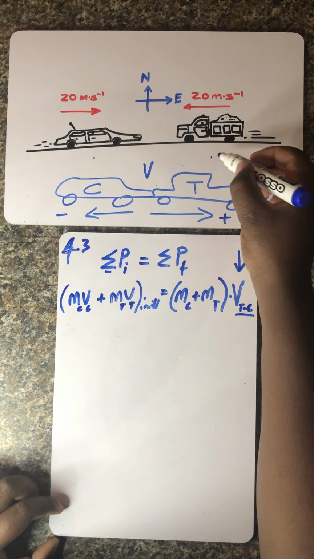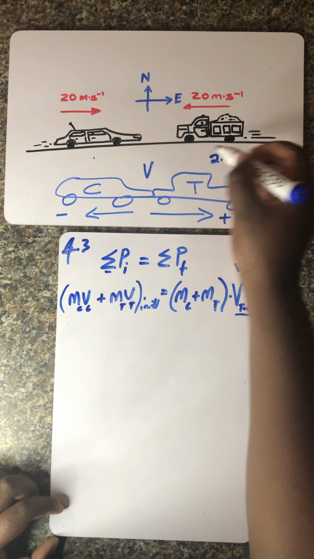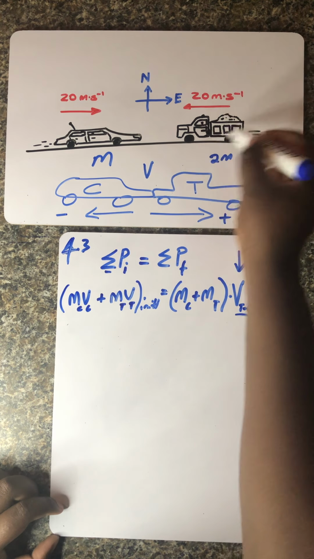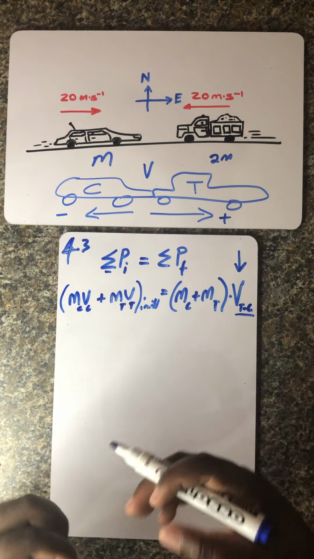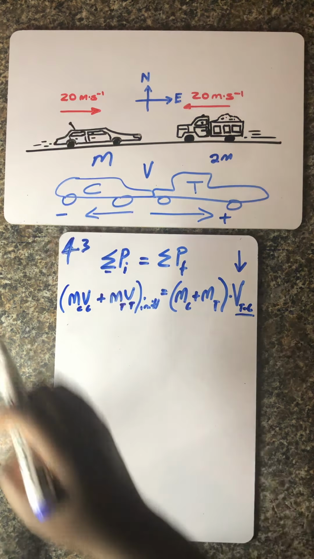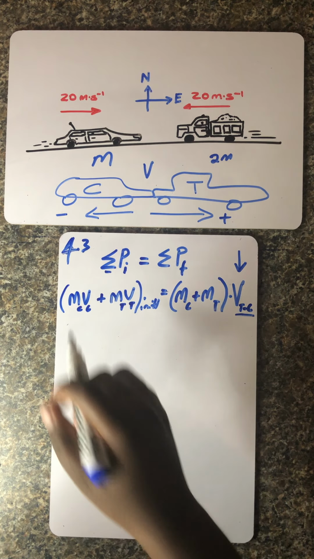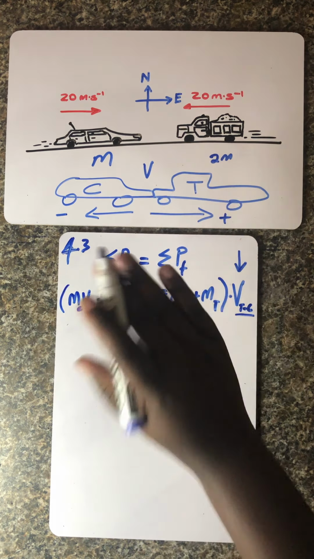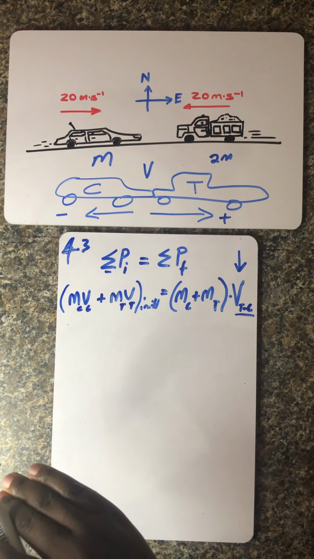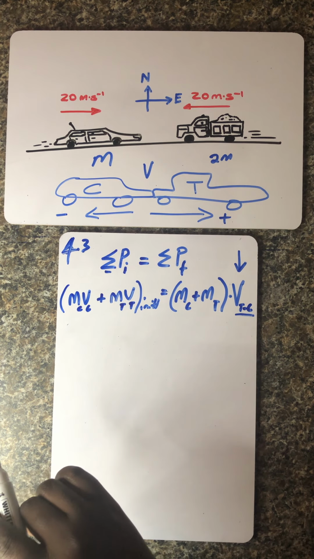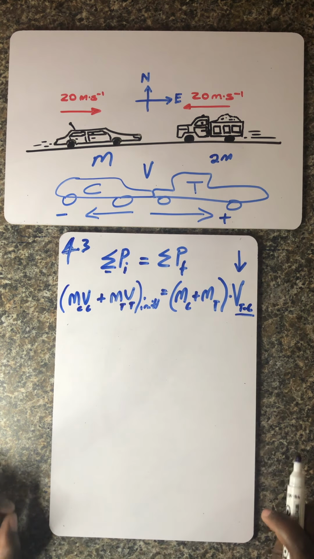Why? Because this mass is bigger than that mass, or otherwise this has got greater momentum because it's heavy and it's moving at the same speed as that car, which is light and still moving at the same speed as the truck. If the car was moving at a higher speed, then I wouldn't be able to guess in which direction they'll be moving after collision.